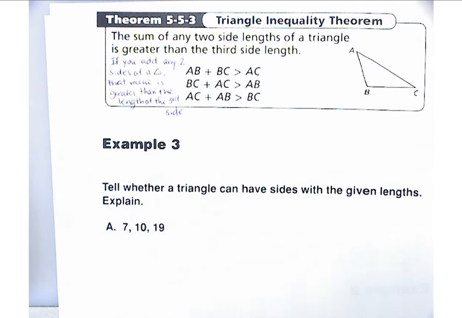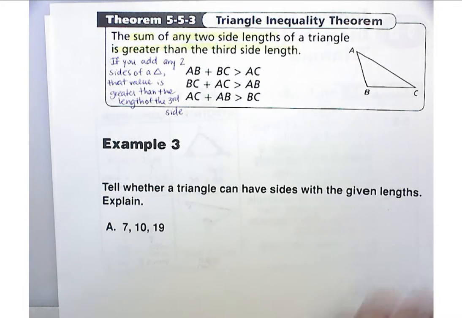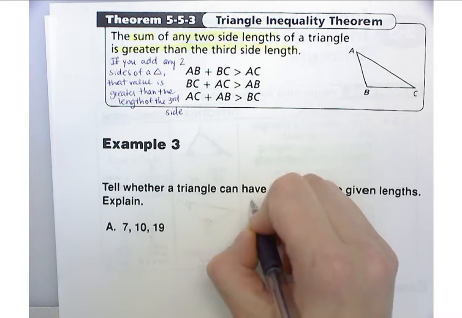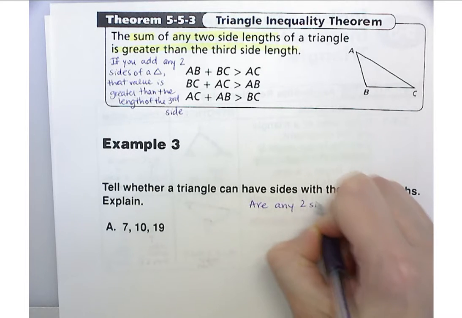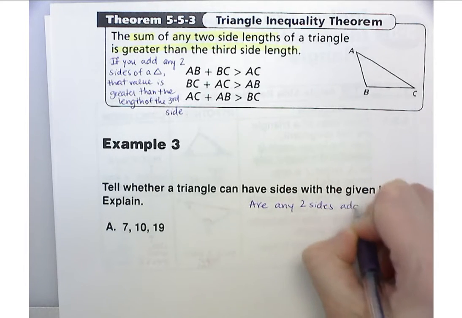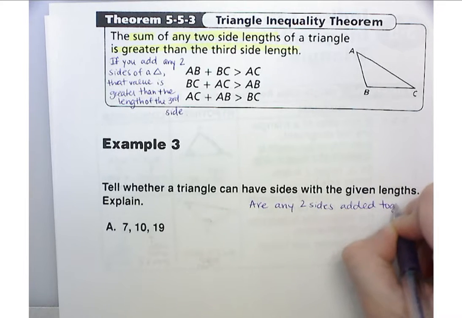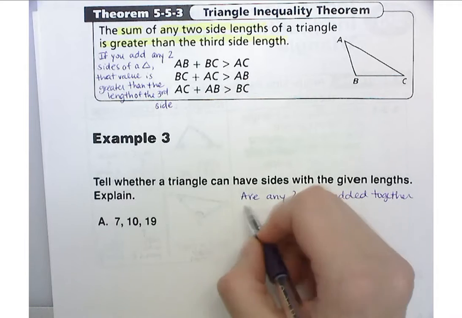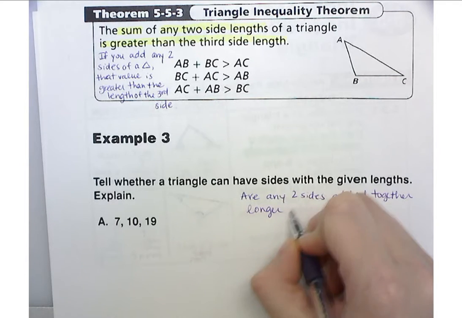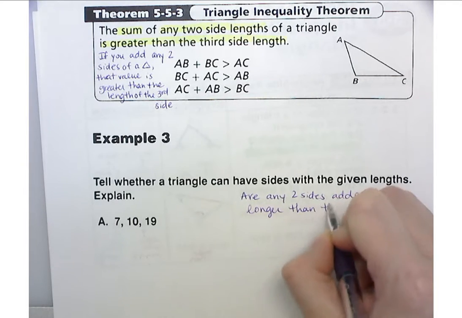So, for example 3, when they ask whether it can have these sides, what we have to ask ourselves is, are any 2 sides added together longer than the third side?